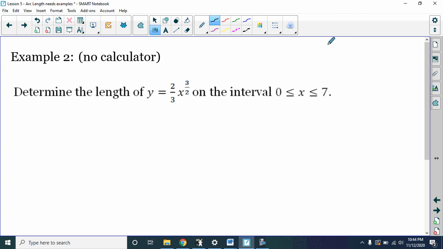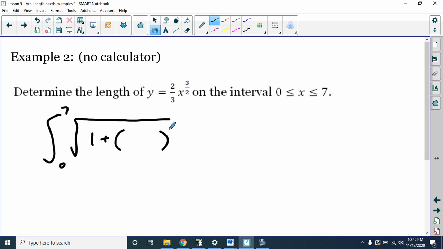Example 2, this one is no calculator. Asks us to find the length of 2/3 x to the 3/2 from 0 to 7. So again, the rule is the integral from a to b of the square root of 1 plus the derivative squared.